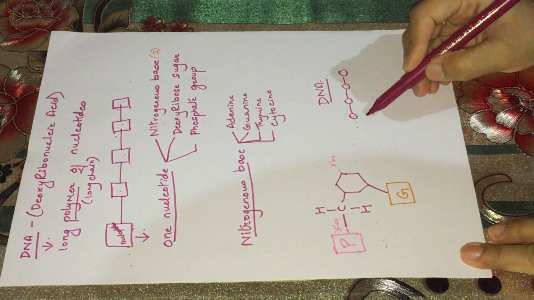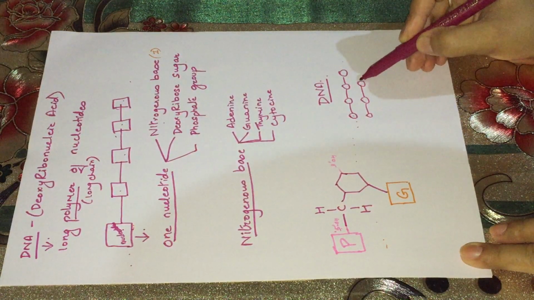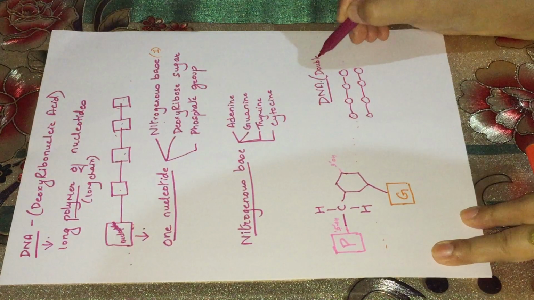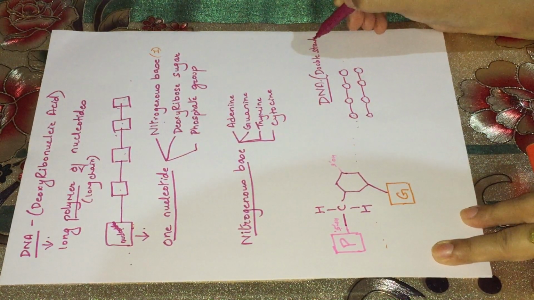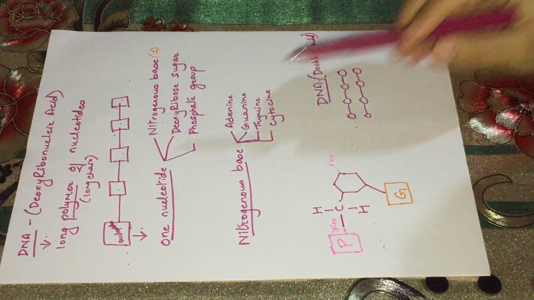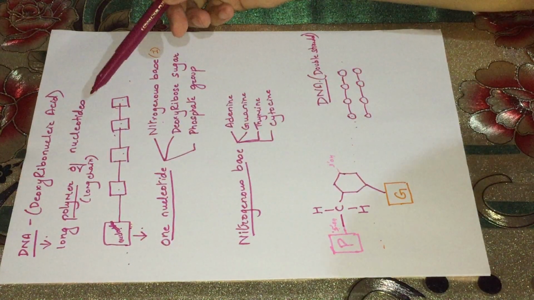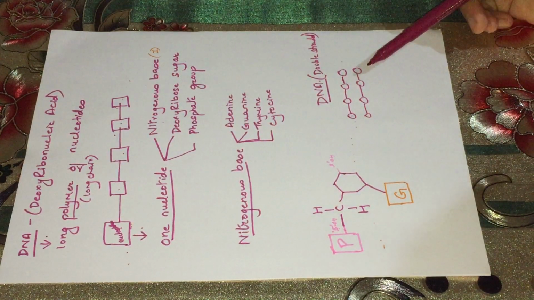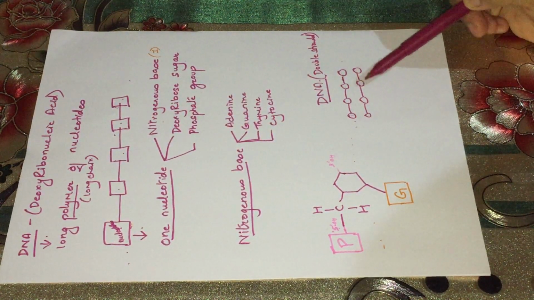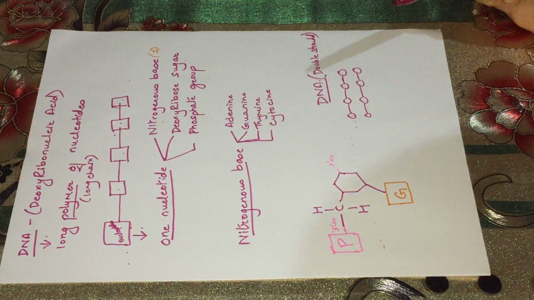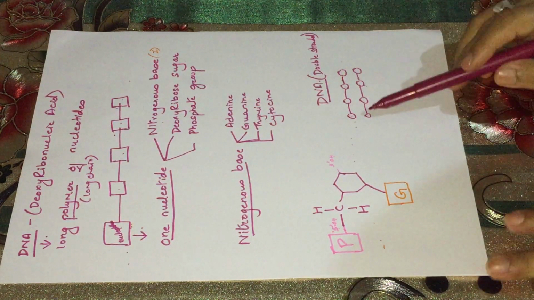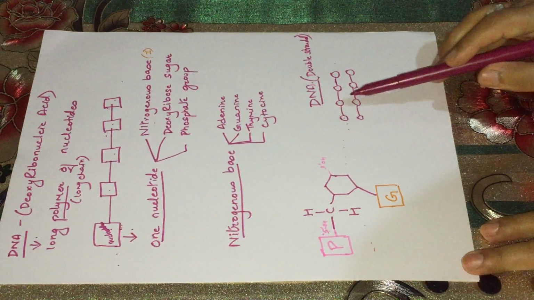DNA also has another strand, because DNA is double stranded. Strands are nothing but a chain of nucleotides, a polynucleotide chain. So DNA is made up of two polynucleotide chains, not only one.